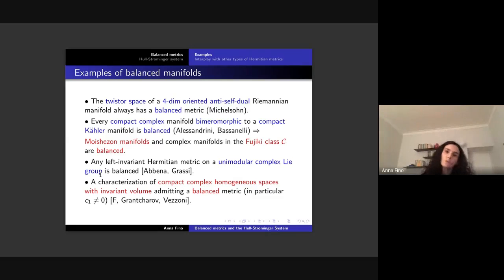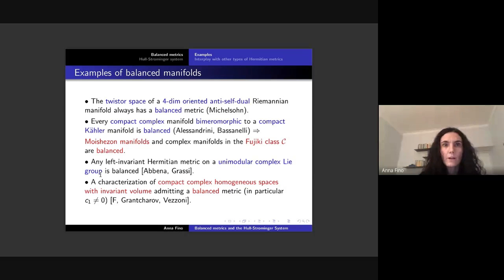Another way to construct new balanced manifolds is to use the fact that the balanced condition is invariant by bimeromorphic maps. Alessandrini and Bassanelli showed that if you start from a compact Kähler manifold and then apply a bimeromorphic map, you get a compact complex manifold which is balanced.